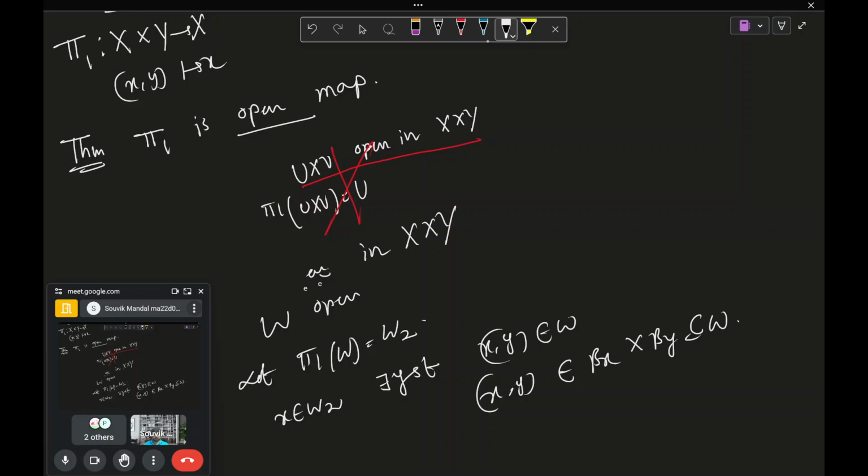Why? Because the projection of bx cross by is a subset of the projection of W.